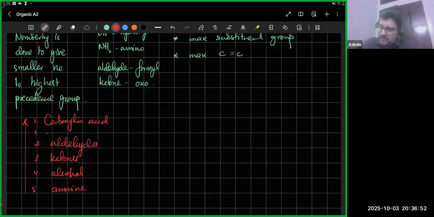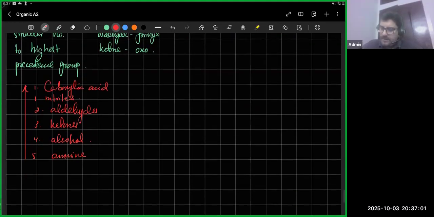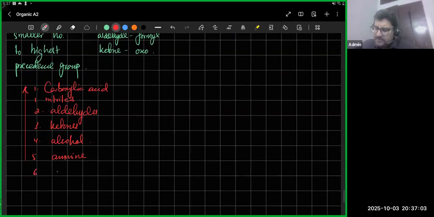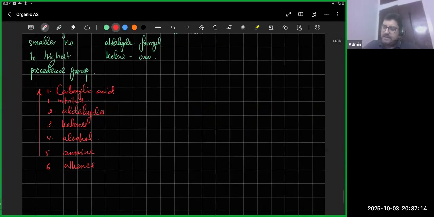Then aldehydes, ketones, alcohols, amines. Number 6, alkenes. The rest are the least important. So you've got alkenes, then I guess nothing else.